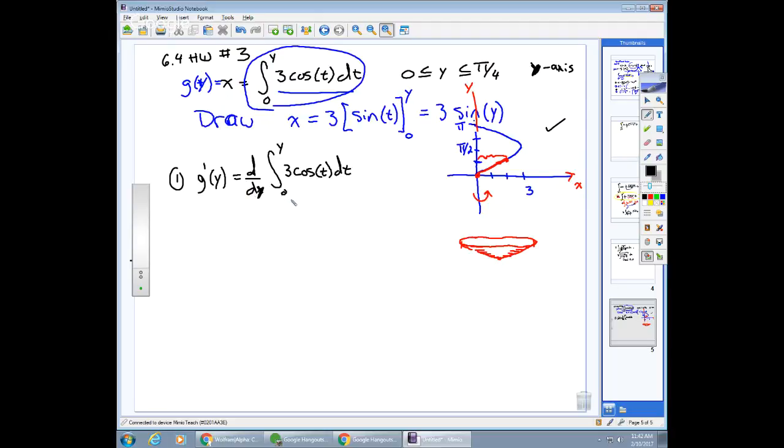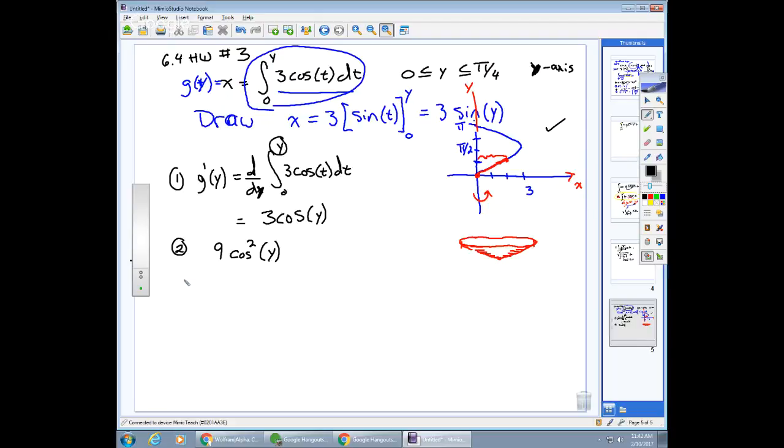They cancel. It's the integrand, yep, evaluated at the upper boundary. So this is going to be 3 cosine of y. Okay, to take that square, so that's going to be 9 cosine squared of y.